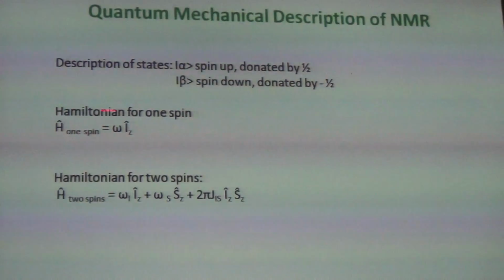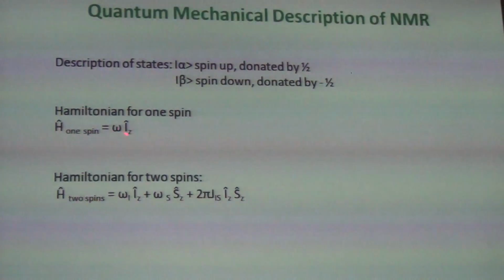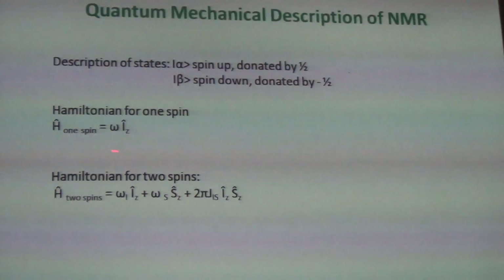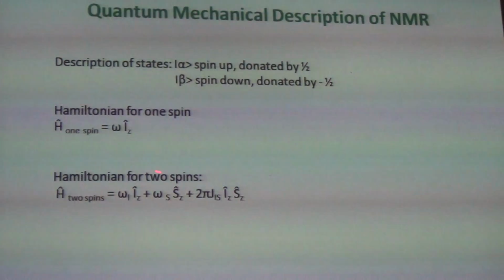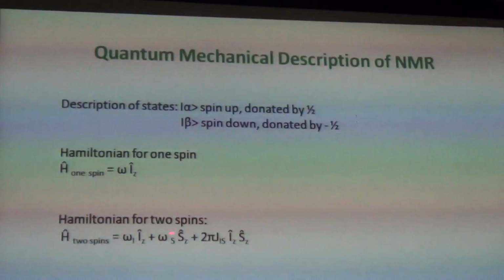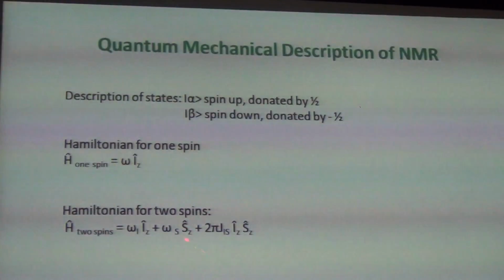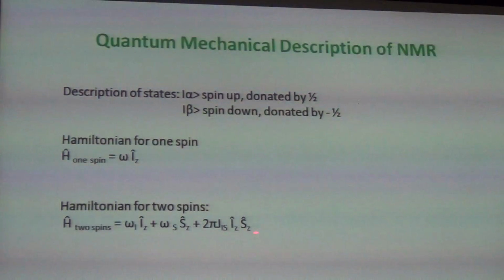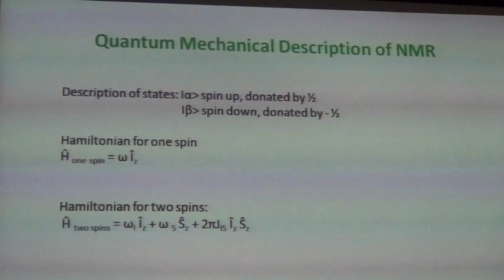This is the Hamiltonian for a single spin, which is equal to the Larmor frequency times Iz. Iz here is the angular momentum component about the Z axis. This is the Hamiltonian for two spins, which is equal to the Larmor frequency of the first spin times the angular momentum of the first spin, plus the Larmor frequency of the second spin times the angular momentum of the second spin, and this last component is a coupling constant between both of them.